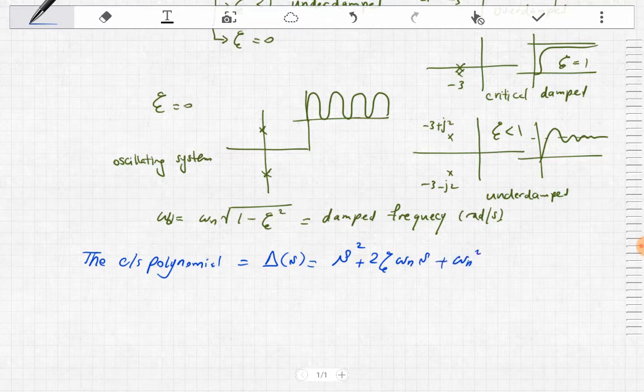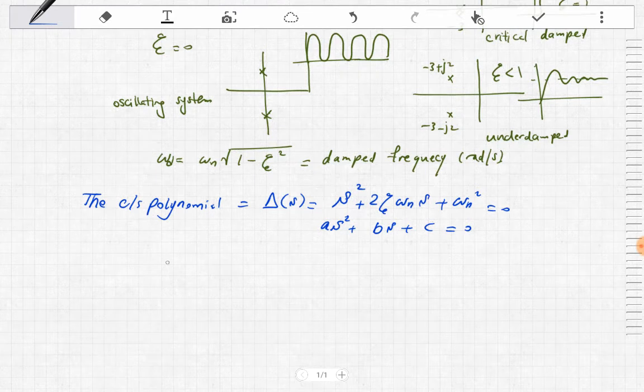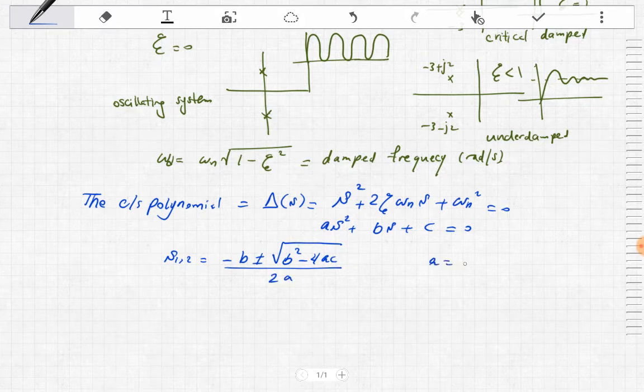Okay, that's very similar to the quadratic equation, right? If you remember, the quadratic equation a s square plus b s plus c equals 0, and then we find the roots. How do you find the roots? You know the formula. We have two roots: minus b plus or minus the square root of b square minus 4ac, over 2a. What's your a? If you compare, a is 1. What's b? 2 eta omega n.